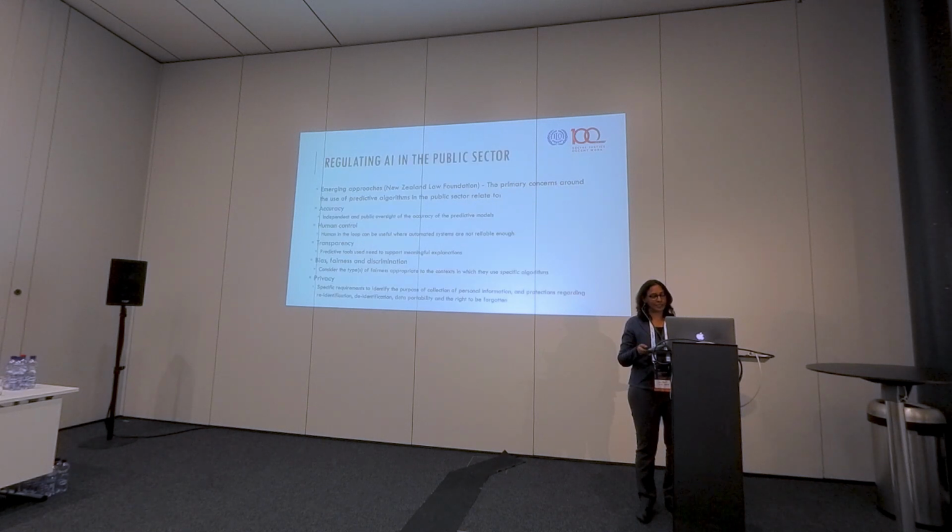And finally, to end by saying that one needs to very clearly regulate AI, even in the public sector. There are some very good approaches coming. One of them is that of the New Zealand Law Foundation, whose primary concern has been around the use of predictive algorithms in the public sector. They relate to the question of accuracy: it should be independent, and there should be public oversight of the accuracy of the predictive models.